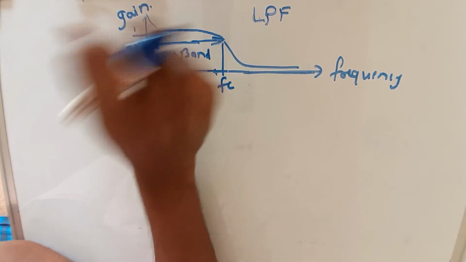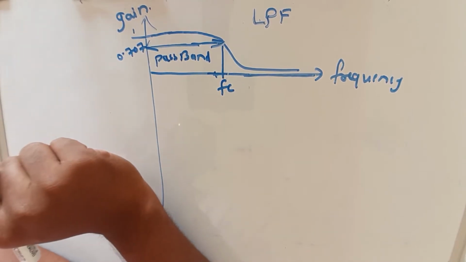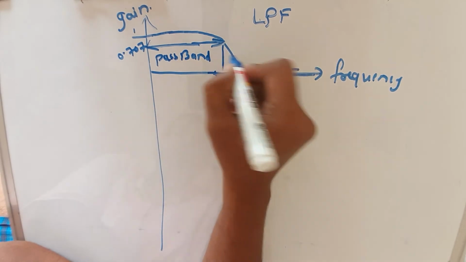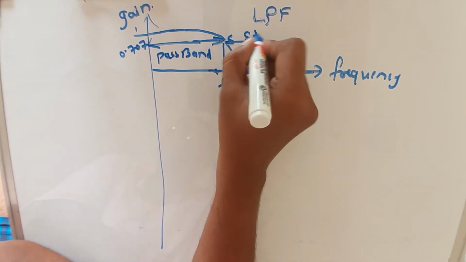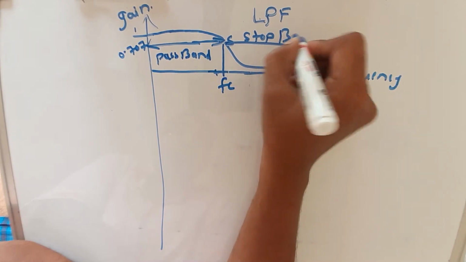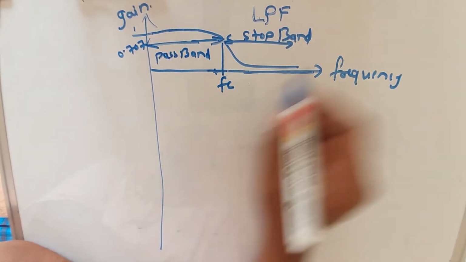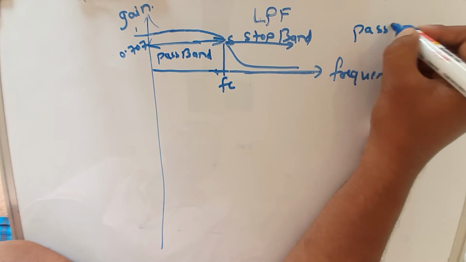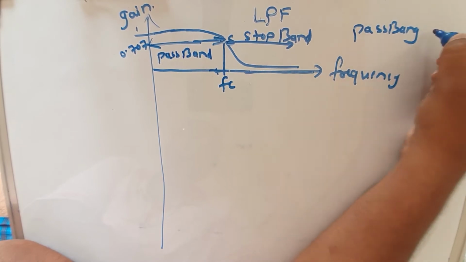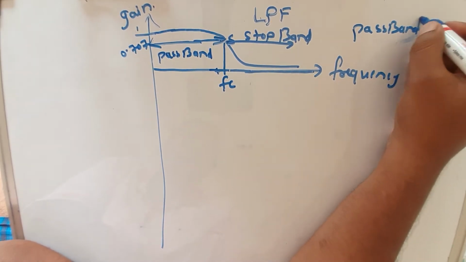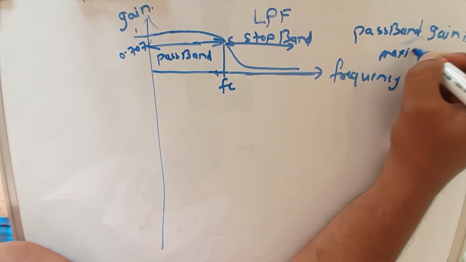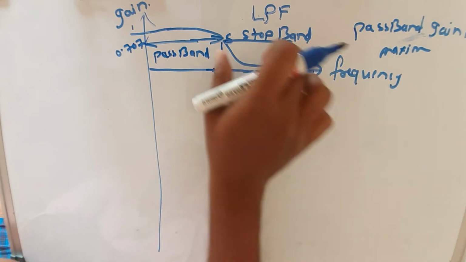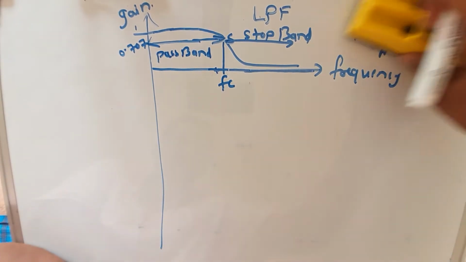For the pass band the gain must be maximum, and for the lowest gain we call this the stop band. For the pass band the gain is maximum, and for the stop band the gain is minimum.